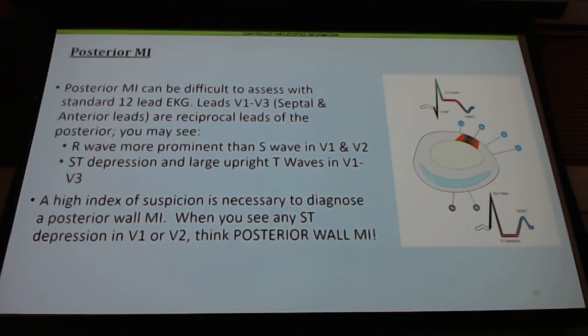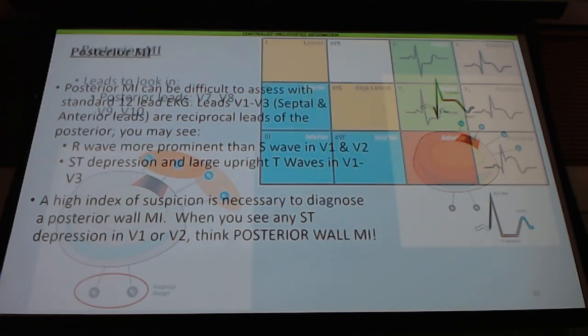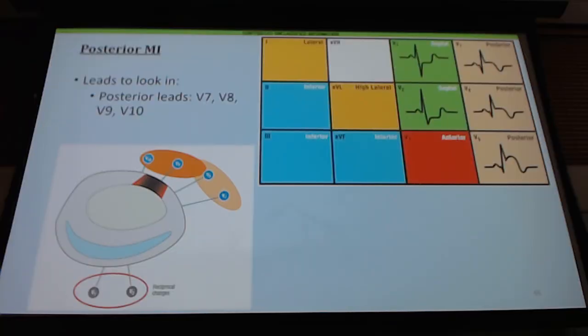And that's where you have reciprocal changes in V1 through V3. This is what you're going to typically see: a profound dip into your S wave, and then ST depression present in V1 through V2. And when you do your posterior leads, you're going to see that ST elevation present there.